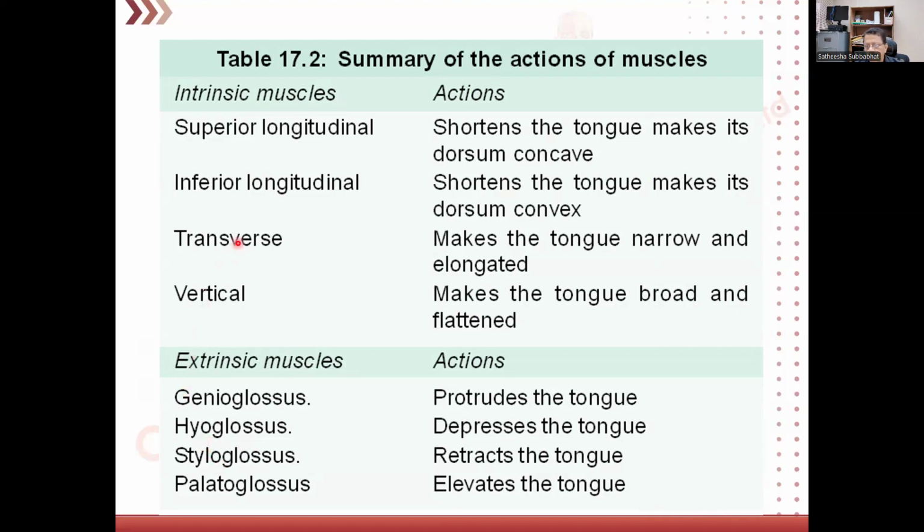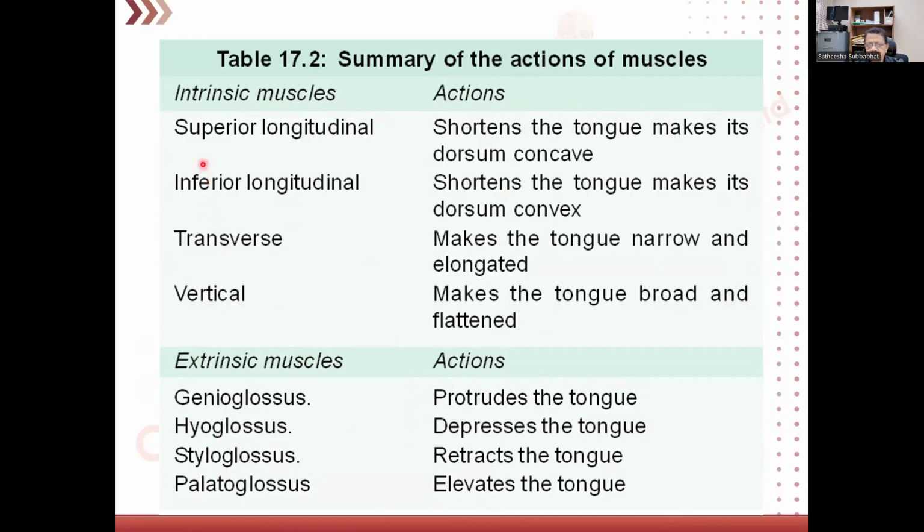Another important thing: the intrinsic muscles, when they contract, change the shape of the tongue, whereas the extrinsic muscles, when they act, change the position of the tongue.